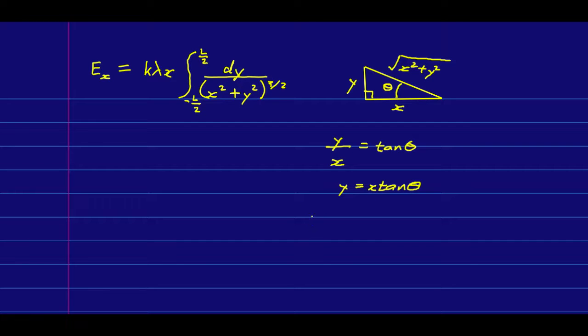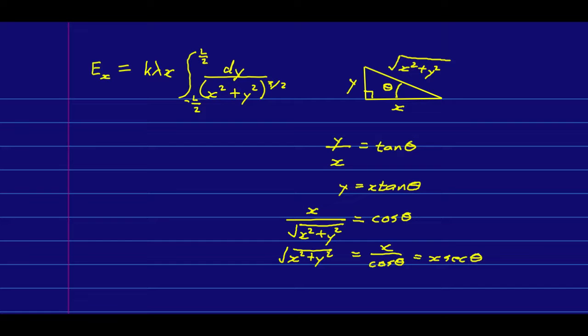And the easy expression is that x over our hypotenuse is cos theta. And so solving for this, that says root x squared plus y squared is x over cos theta, or in other words, x secant theta.